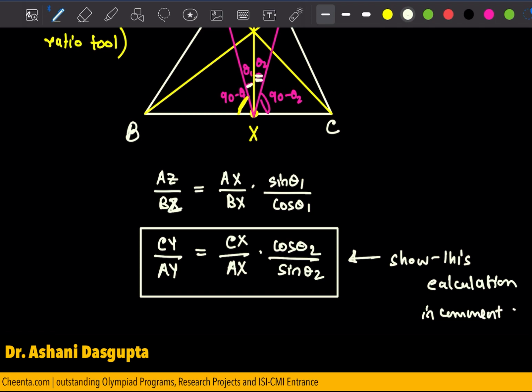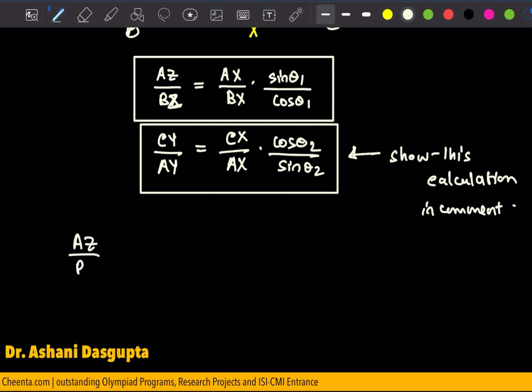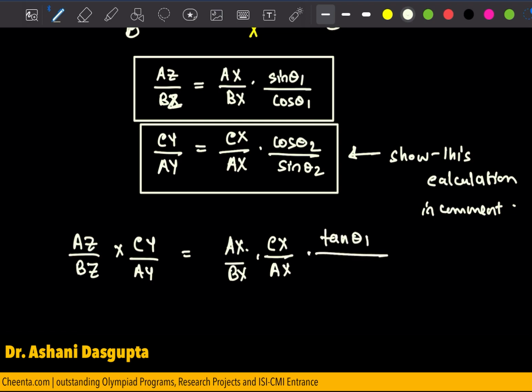All right. So now we'll be using Ceva's theorem. Basically, let's multiply these two pieces. If you multiply these two pieces, you will get AZ by BZ times CY by AY is equal to AX by BX times CX by AX times tan theta 1 by tan theta 2.